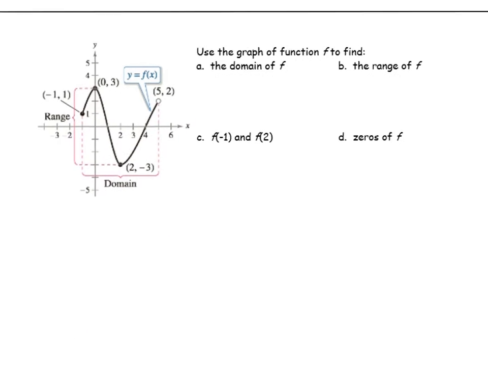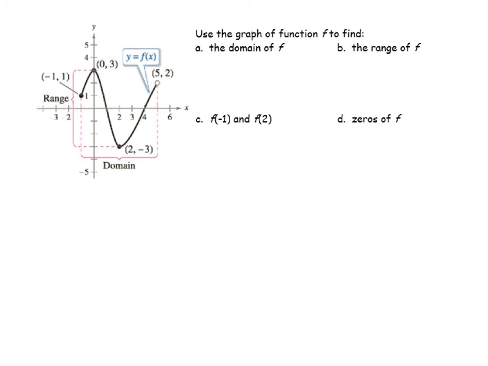First things first, let's do some domain and range, okay? All right, so when I'm looking at domain, I'm thinking side to side, okay? And the thing I noticed here is this is how far to the left the graph goes. Here's how far we go to the right. So then I check out my x-coordinates. I'm like, okay, looks like -1 to 5.